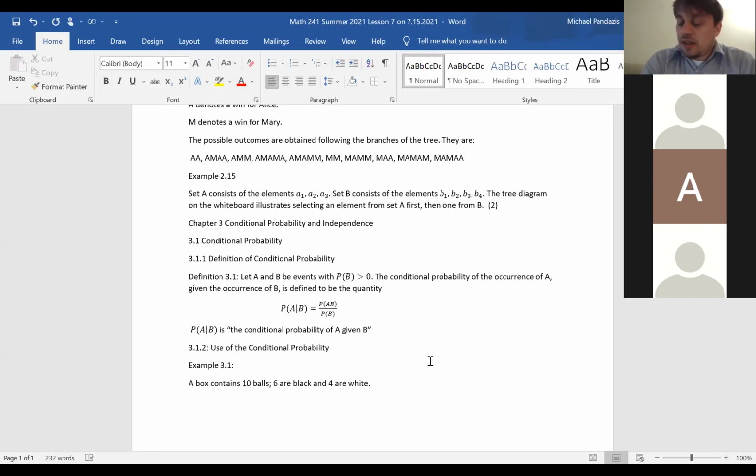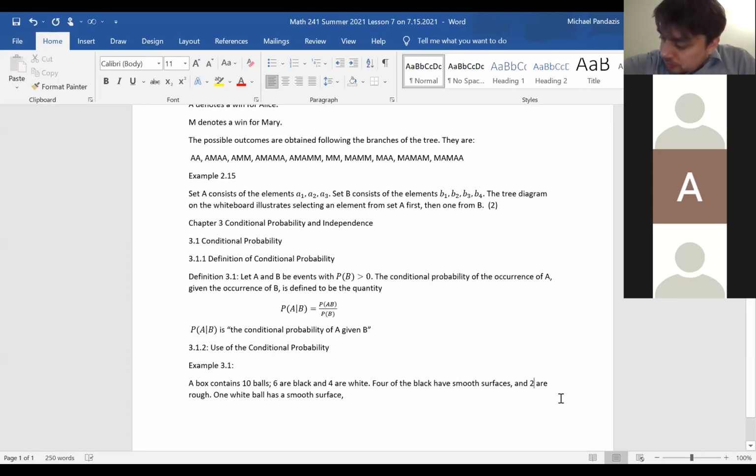Very simple. 4 of the black have smooth surfaces and 2 are rough. 1 white ball has a smooth surface and 3 are rough. Okay, I got it. There we go.